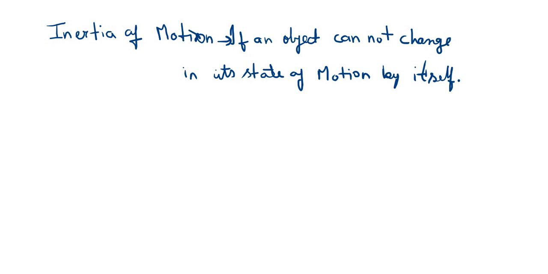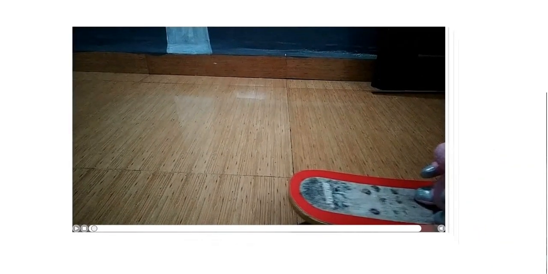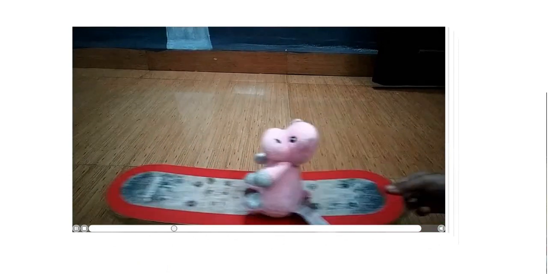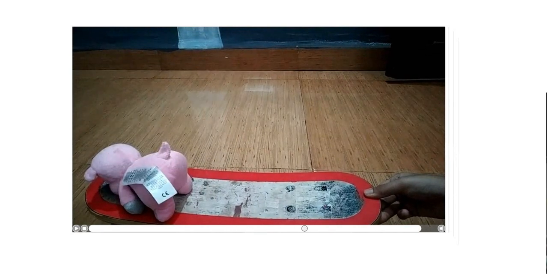That means if an object is in motion, it requires an extra unbalanced force to come into the state of rest. The unbalanced force is required. Let us understand it by the following activity. This is the same activity, students, but this time when a person is moving and suddenly stops, the person will fall forward. Now let us understand why this happens.